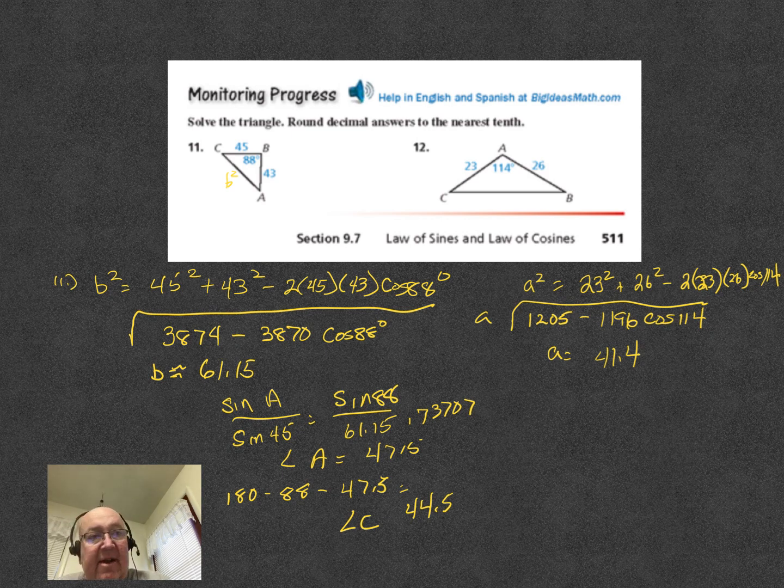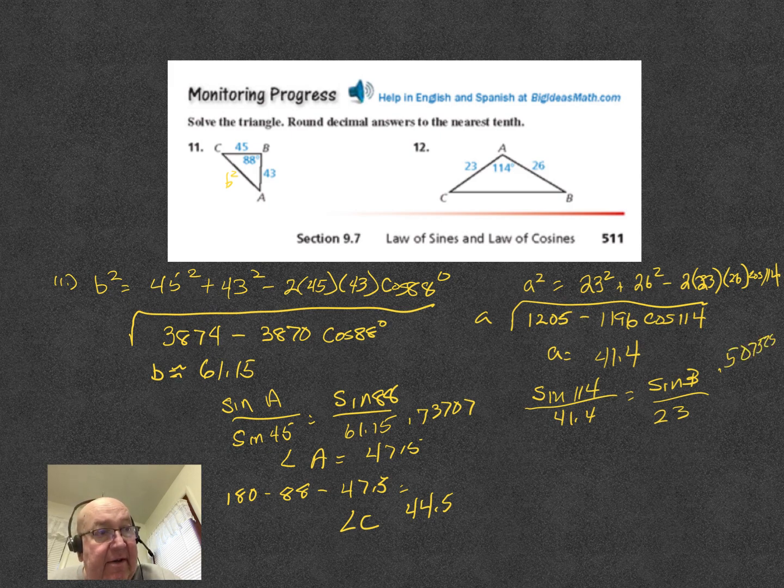Going back to the law of sines, we're going to have sine 114 over 41.4 equal to sine B over 23. We're going to get a decimal of 0.507525.